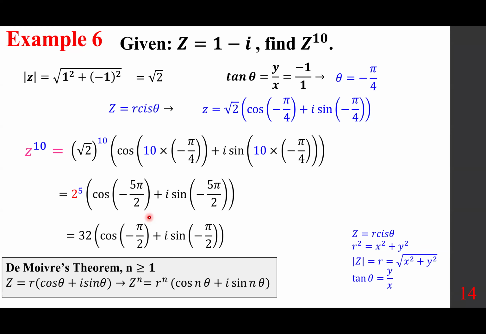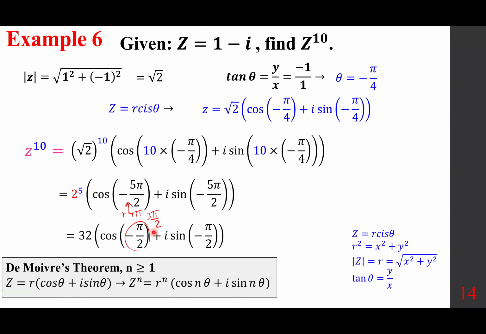In other words, add 4 pi. And if you add 4 pi, this becomes 3 pi over 2. If it's easier that way, it doesn't matter.